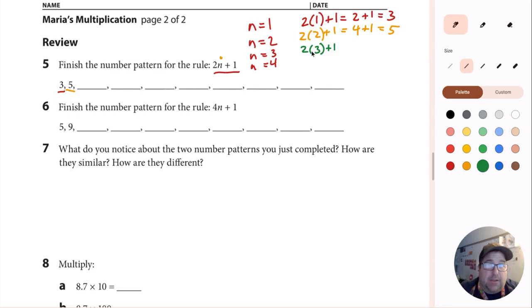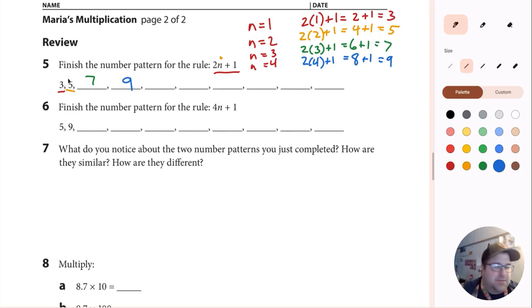I'm putting a 3 in, so 2 times 3 equals 6, plus 1 equals 7. Okay, what if n equals 4? All we're doing is we keep putting a number in instead of an n. 2 times 4 plus 1. Well, 2 times 4 is 8 plus 1. 8 plus 1 is 9.